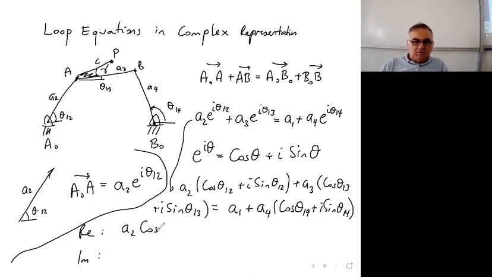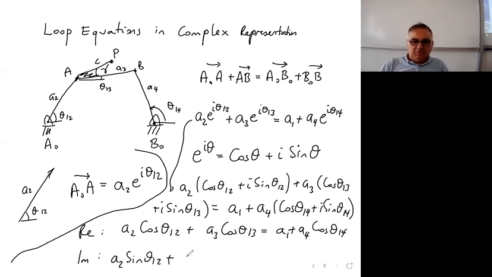This is the real part: A2 cosine theta 1, 2 plus A3 cosine theta 1, 3 is equal to A1 plus A4 cosine theta 1, 4. And in the imaginary part, A2 sine theta 1, 2 plus A3 sine theta 1, 3 equals A4 sine theta 1, 4.